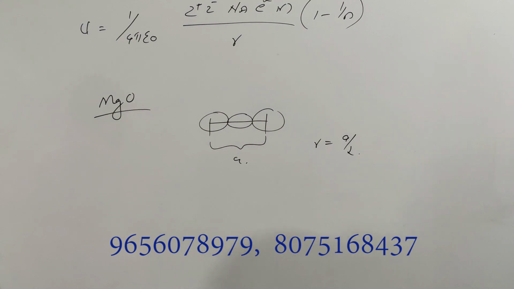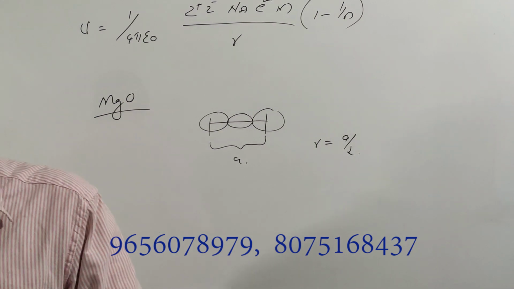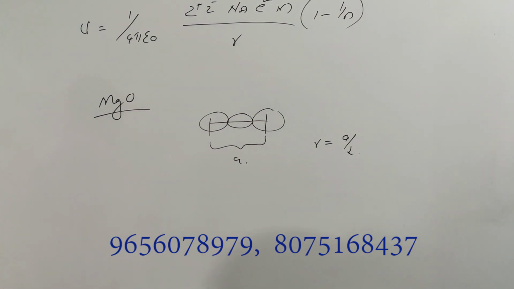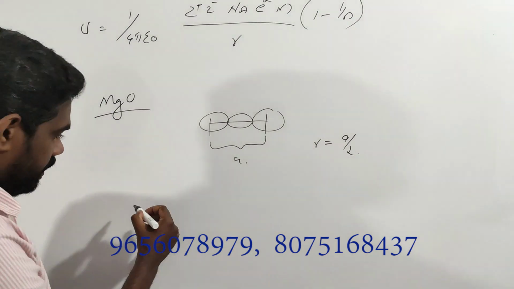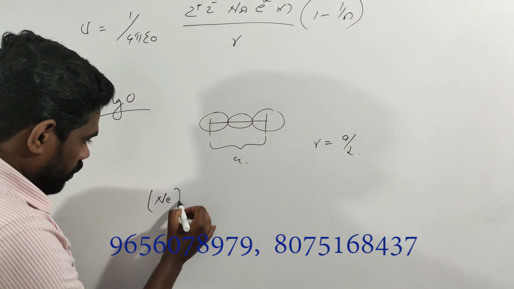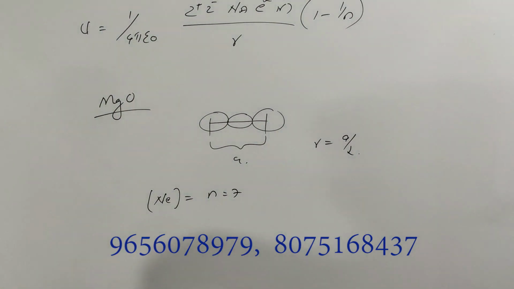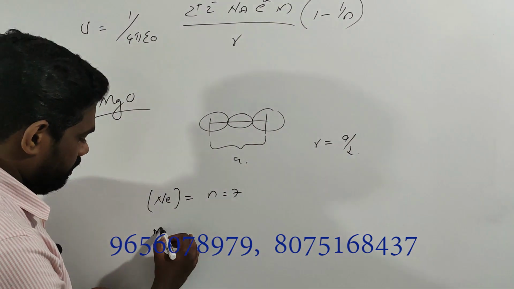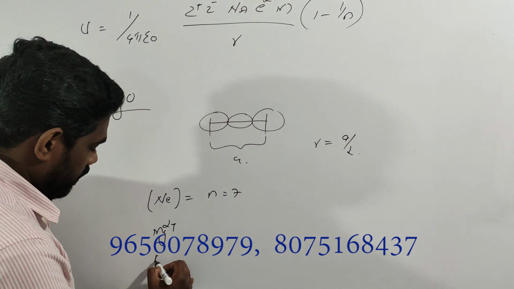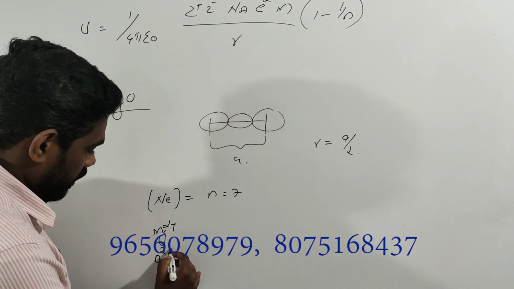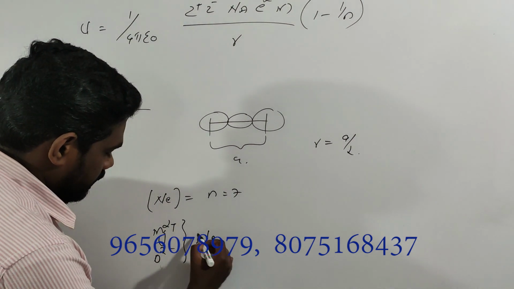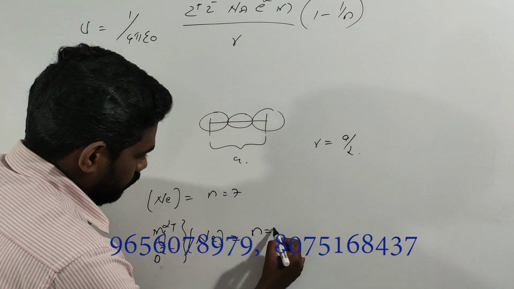Another thing we should find is the value of N, the Born exponent. How can we find it? For the Born exponent, we consider neon-like systems, where N equals 7. Magnesium 2 plus and O2 minus are both neon-like systems, so N equals 7 for these.